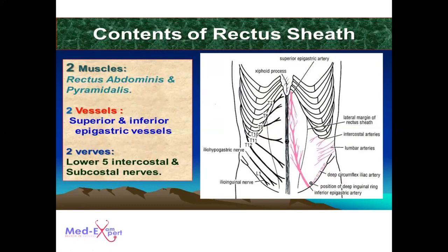The third component of the rectus sheath is the nerves, which are 2 nerves actually: the lower 5 intercostal nerves plus the subcostal nerve. So it is very easy to remember this way: two muscles, two vessels, and two nerves.